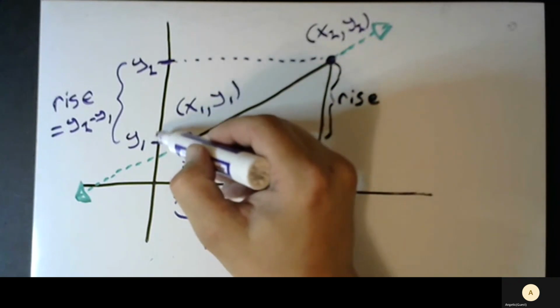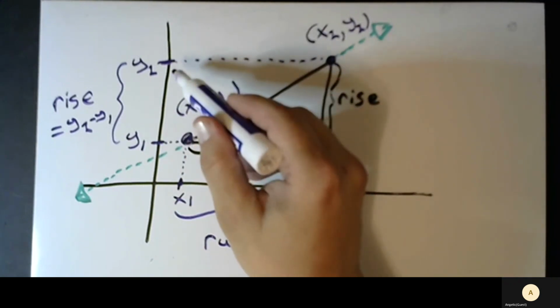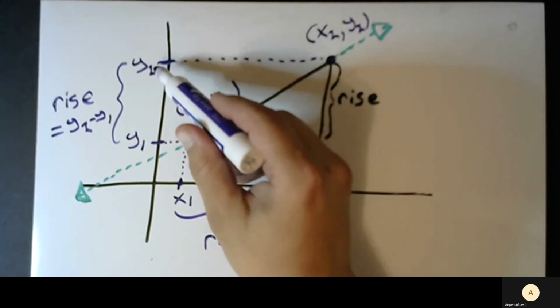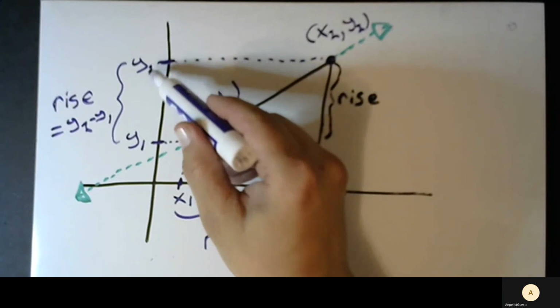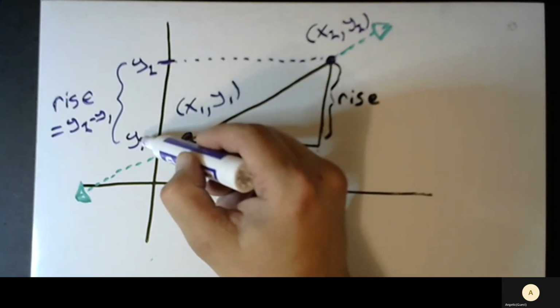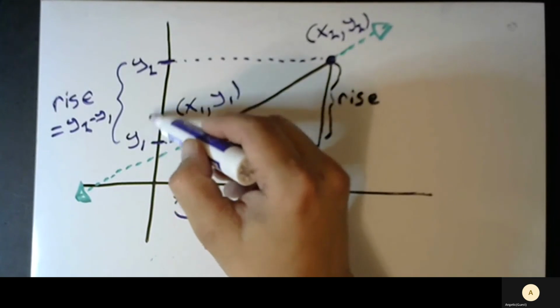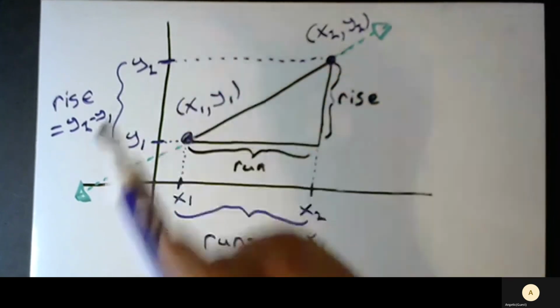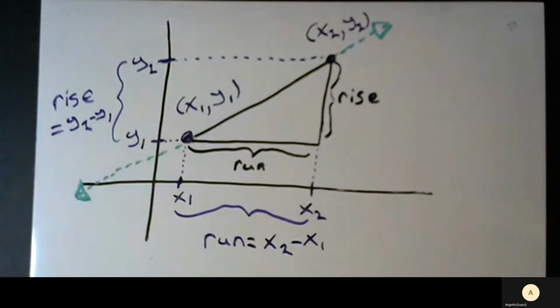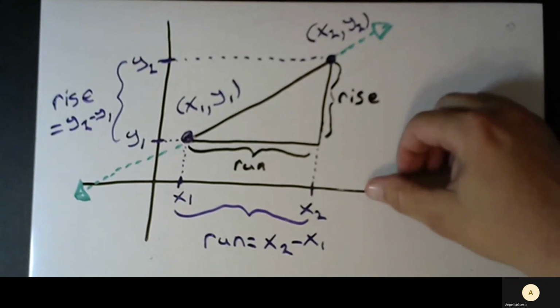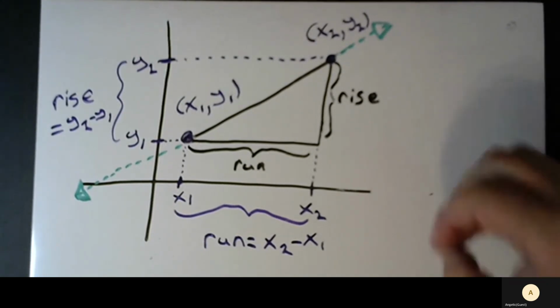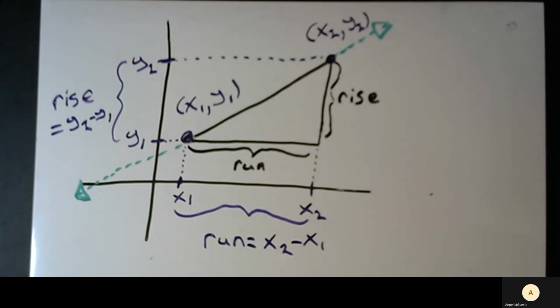If you're going from 10 up to 30, that's a change of 20 feet. So to calculate that, you can take 30 feet minus the, I'm sorry, the 30 feet minus the 10 feet will give you the 20 feet in between, or y2 minus y1. So any questions about that?